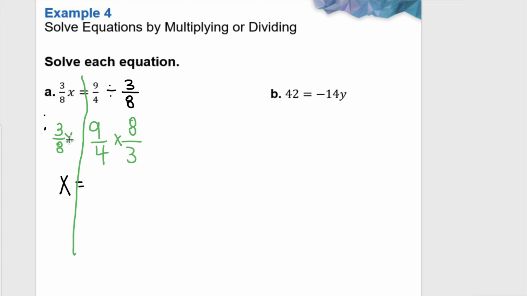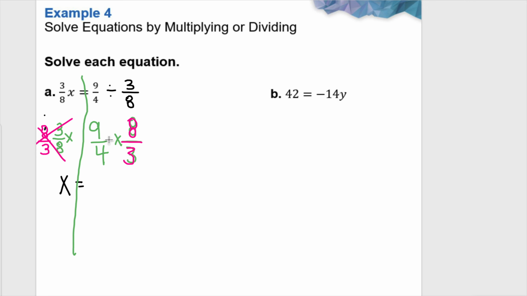So if I started with 3/8 x and I'm trying to get that all by itself and knocked out, I'm going to multiply by the reciprocal 8/3, because 8/3 times 3/8 is 24/24, and that is still going to give me 1x. So whatever I multiply to one side, 8/3, I'm also going to multiply to the other side, 8/3. These are going to cancel out to give me just 1x.